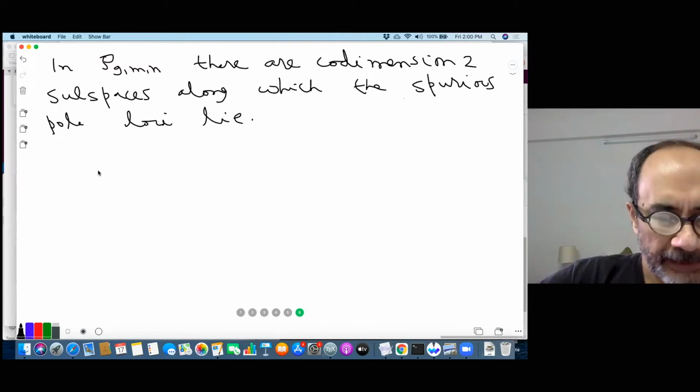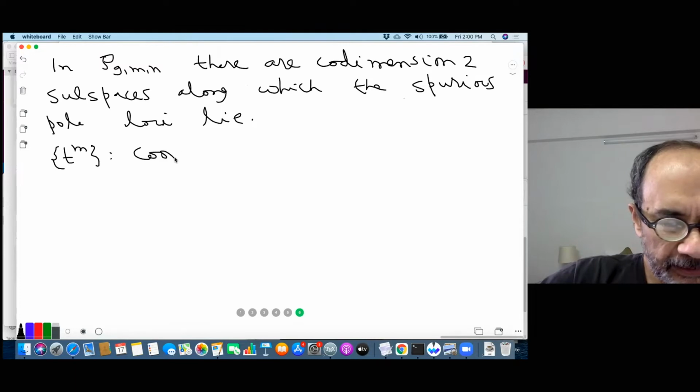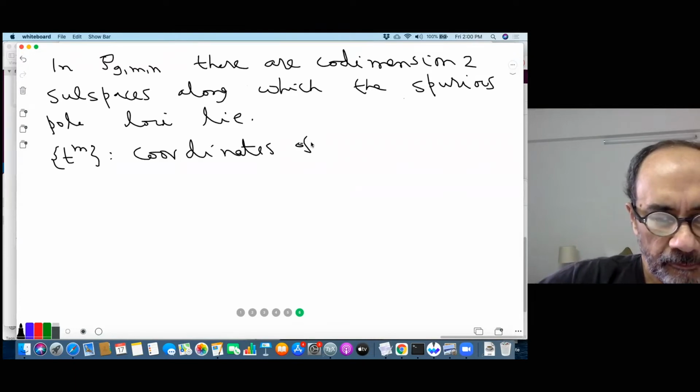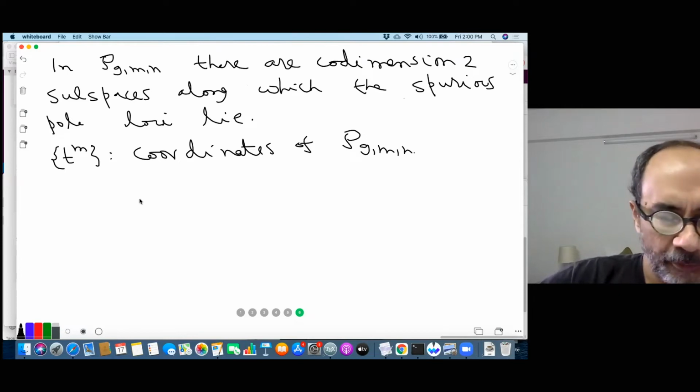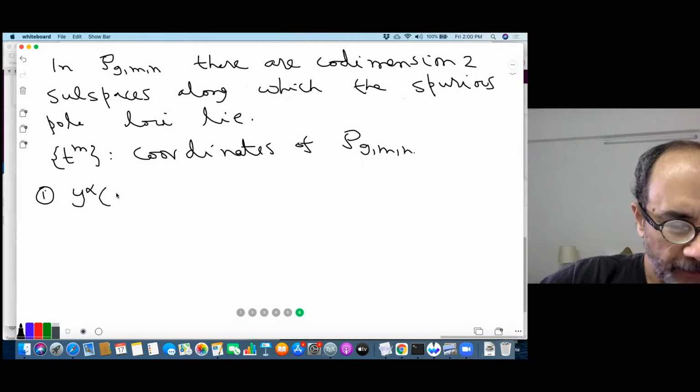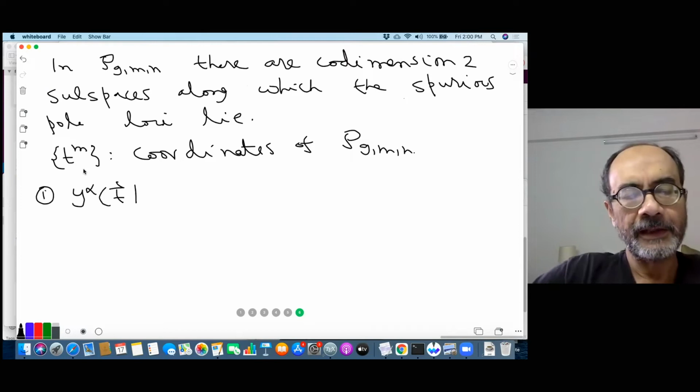Let me explain that. Suppose we introduce again the coordinates t of PGMN, and now let's look at the various conditions that we had, the various kinds of spurious poles. The first kind was y alpha equal to y beta, but now on PGMN, of course, y alphas have to be thought of as functions of t.